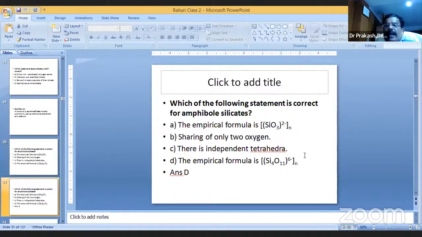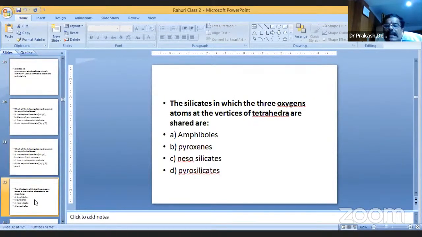The empirical formula, this one is correct. Okay. The silicates in which the 3 oxygen atoms at the vertices of tetrahedra are shared. I'm telling you, amphiboles, the name is a group name.